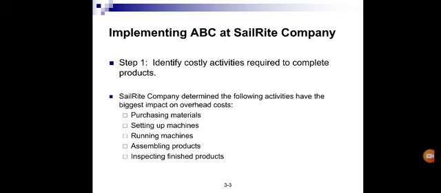So the Sailrite company determined that these are the activities that have the biggest impact on the overhead cost. So this company has identified 5 activities: purchasing material, set up machine, running machines, assembling product, and inspecting finished product. So after you have identified the activities, you have to do the second step.